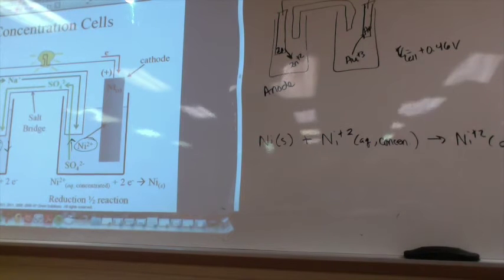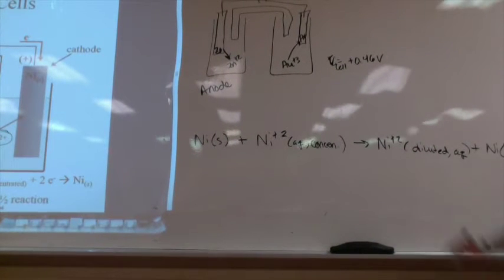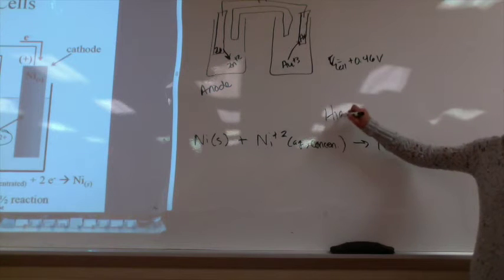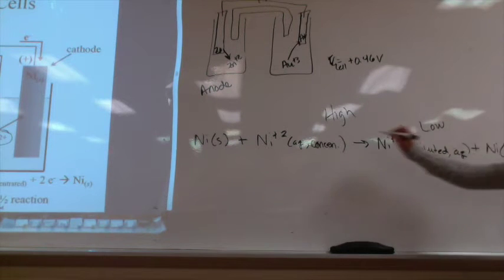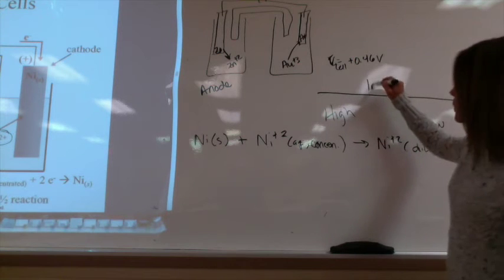Okay, so because we write out the reaction, and we said earlier that things go from high to low, if this is your high and this is your low, it's going to progress in this forward direction. Is it going to increase the forward reaction or decrease the forward reaction? It's going to increase the forward reaction.